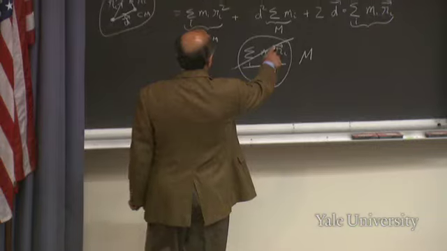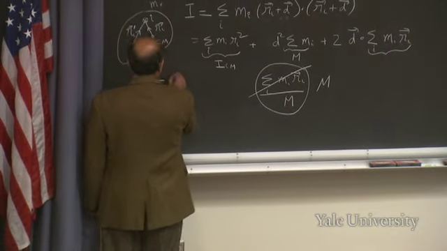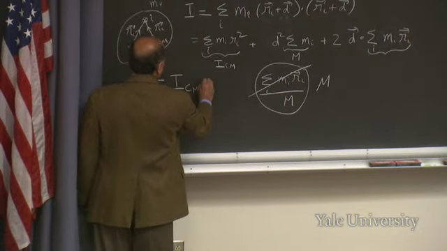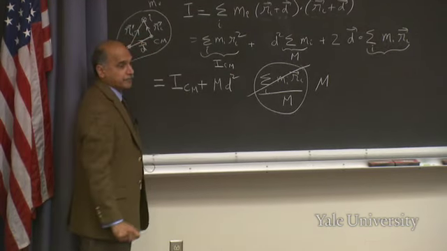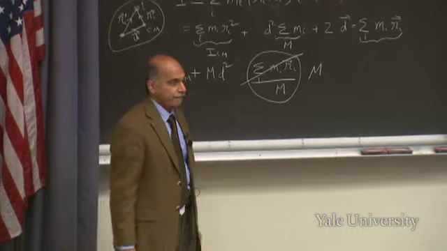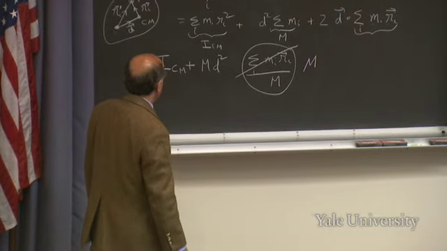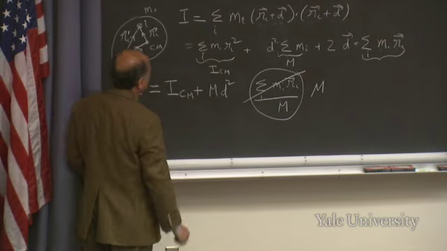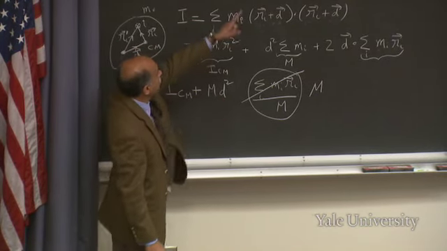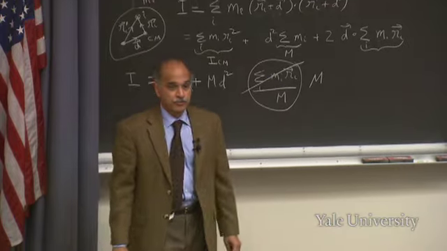And that's why this term vanishes. Then I get the result I mentioned to you: I is I center of mass plus M d squared. And the rod was a special case of this, where I put d equal to L over 2 to do that example. But this is generally true.